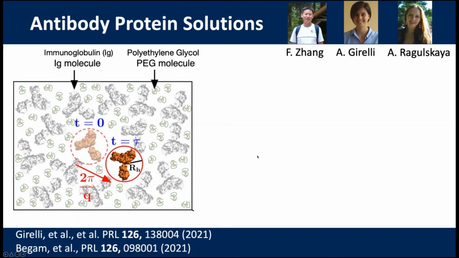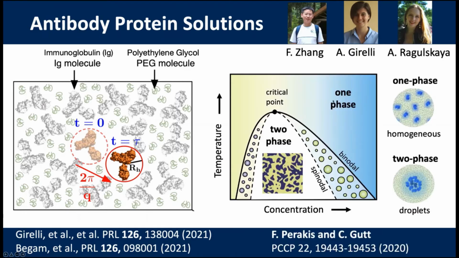One of the interesting aspects is that this system exhibits liquid-liquid phase separation. Here is shown a phase diagram, temperature and concentration. Depending on where you are on this phase diagram, it switches from a homogeneous one-phase region into a two-phase region, where you first start having droplet formation.